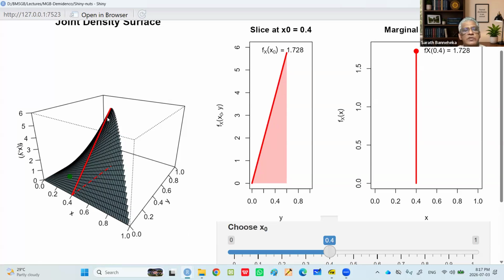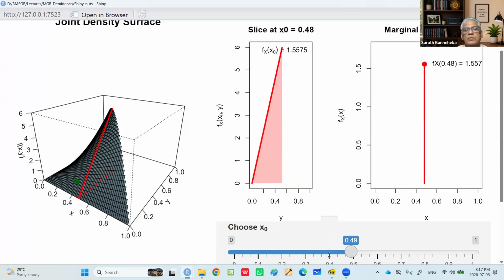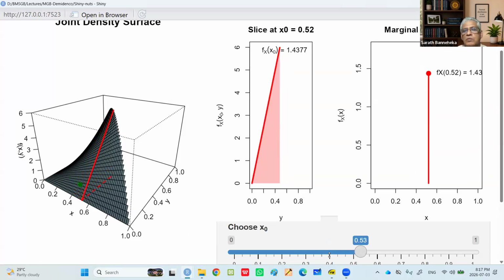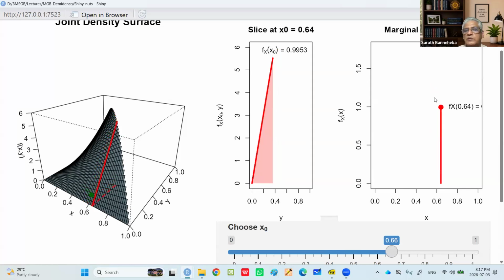You will see that it's getting smaller and smaller, right? The area will be smaller because, even though this thing becomes larger, the width of this range is becoming smaller and smaller, right? And therefore, finally, the area is becoming smaller, right? So like this.